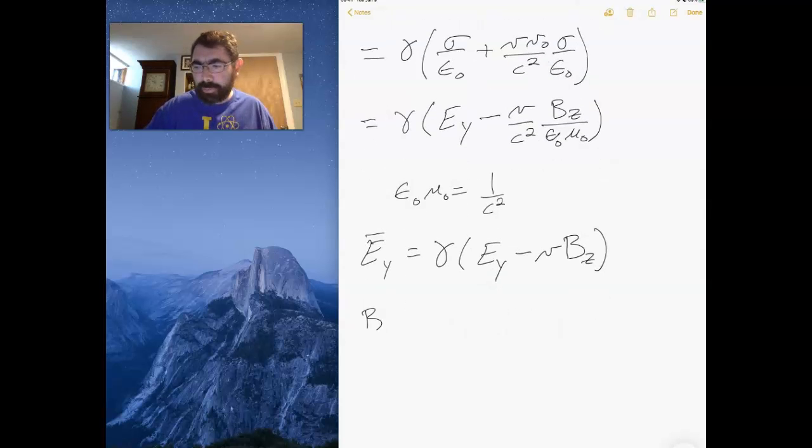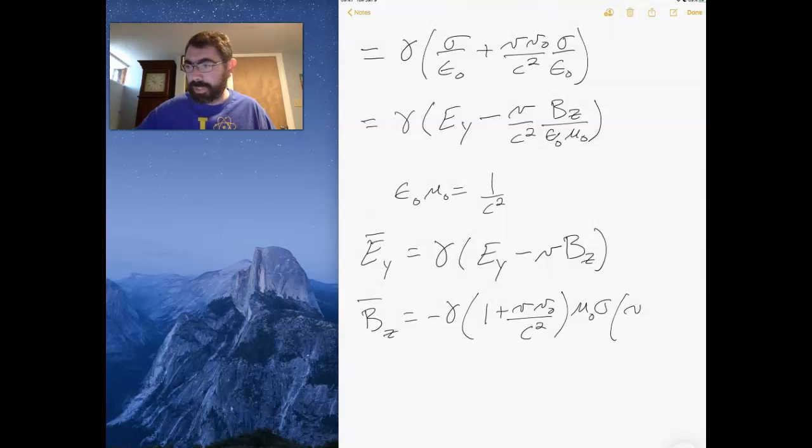So the magnetic field measured in S bar is minus gamma 1 plus V0 V over C squared times mu 0 sigma V plus V0 over 1 plus V0 over C squared.